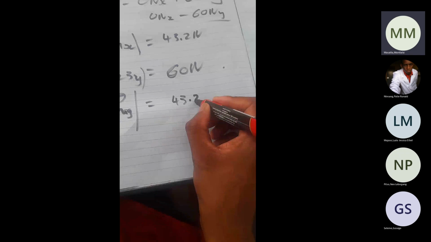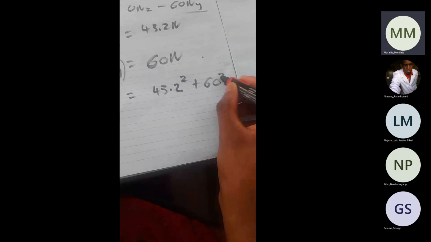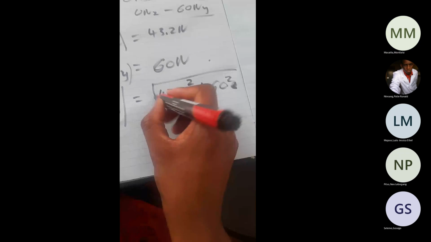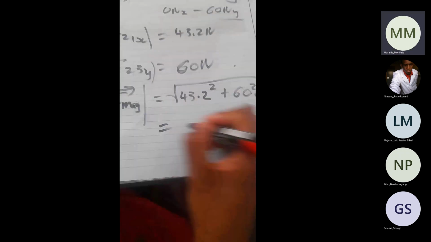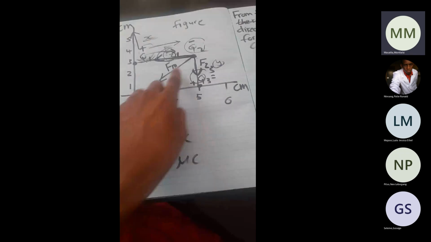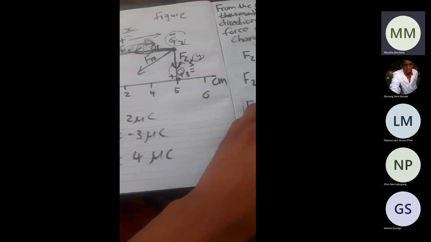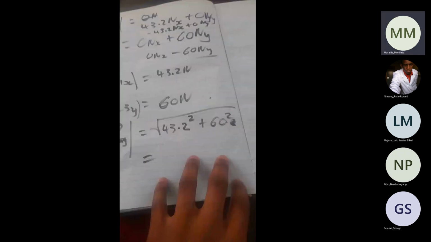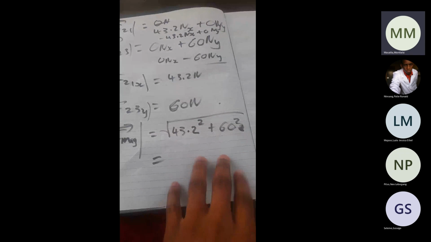It is 43.2 squared plus 60 squared. Your answer there is the resultant force. I hope you're taking vectors, right, guys? I hope you're understanding better this time, because this is just a repetition of vectors.